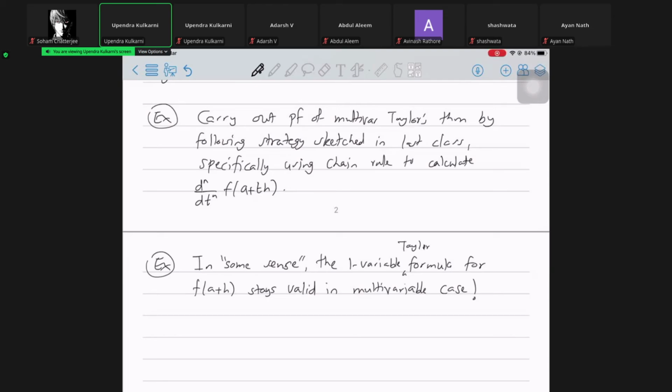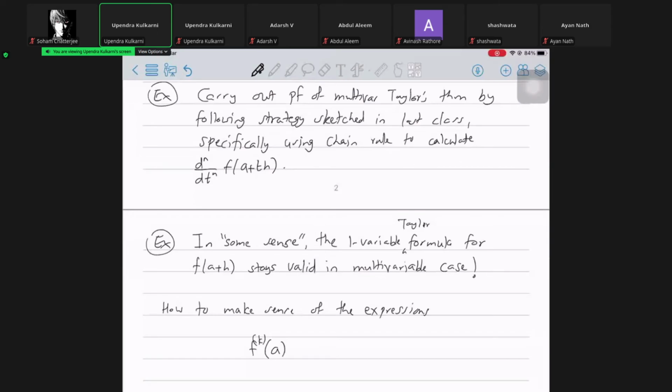Of course, the key thing is in what sense. So how to make sense of the expressions? Remember what the expressions were: something like the kth derivative of f evaluated at A, divided by k factorial, times h to the k.